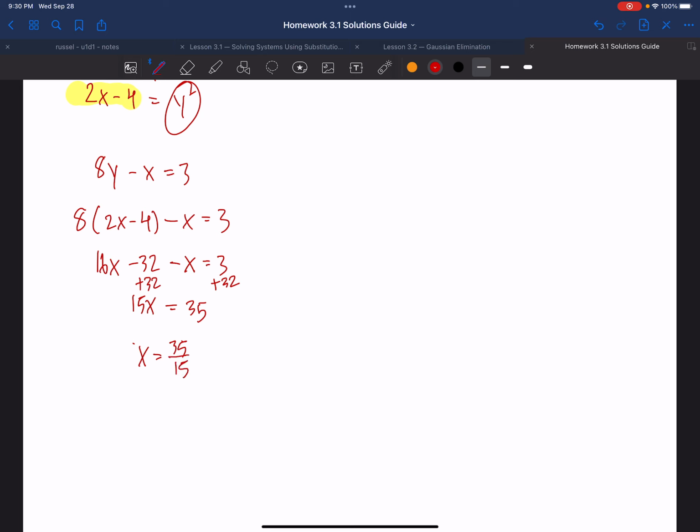I'll get x equals 35 over 15. If you divide by 7 over 7, then you get x equals 5 over, silly Mr. Spake, 5 over 5, not 7 over 7.